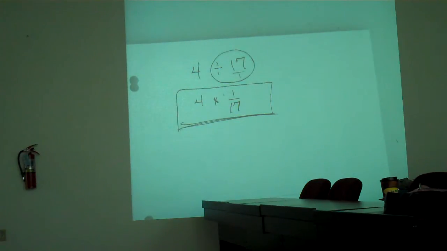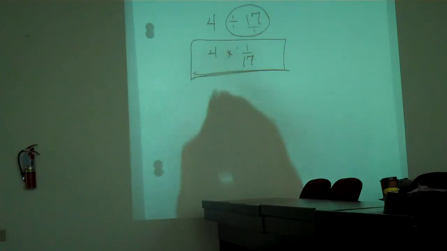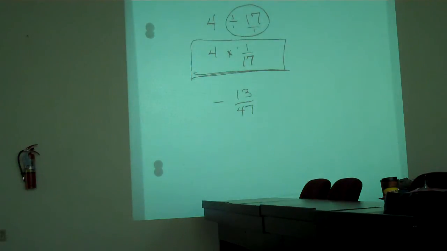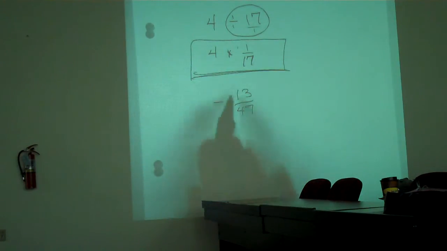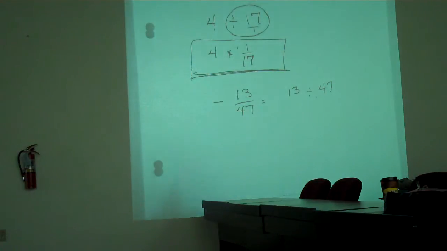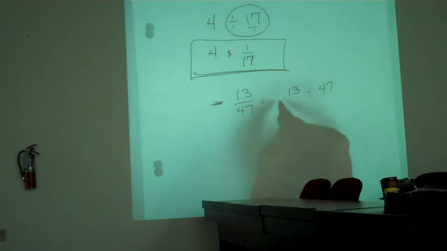Okay, what if you have a number like negative 13 over 47? How would you rewrite that as a multiplication? This means you're dividing 13 by 47, and one of them will be negative. If the negative is out in the front, it could be either one.